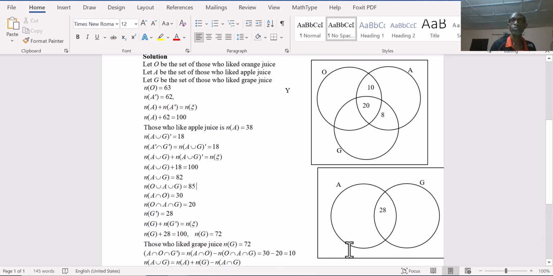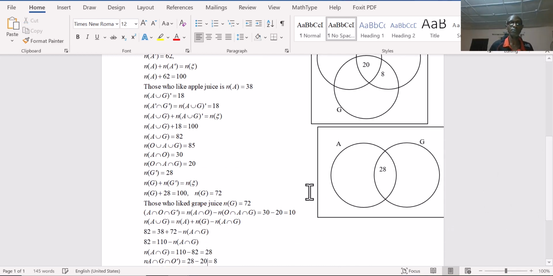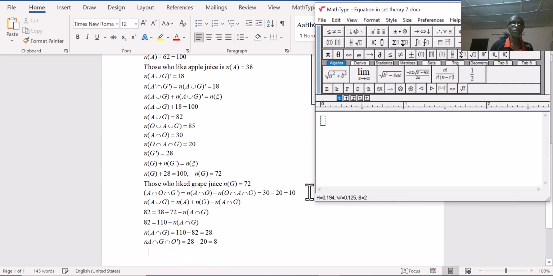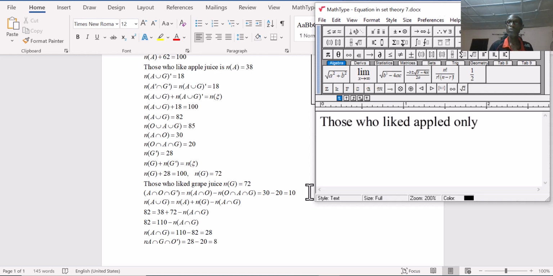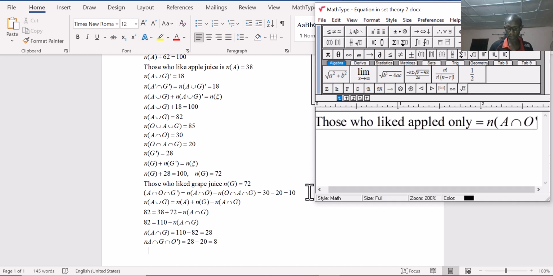So now we need to find out those who like apple only. So in set notation format, that will be A intersection O complement intersection G complement. So that is 100.